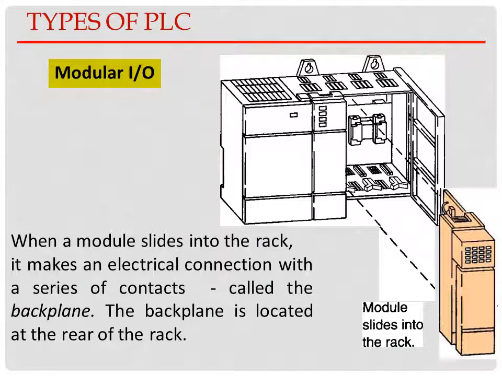When a module is fitted into the rack, it makes an electrical connection with a series of contacts called the backplane. The backplane is located at the rear part of the rack. You can see it in the diagram.